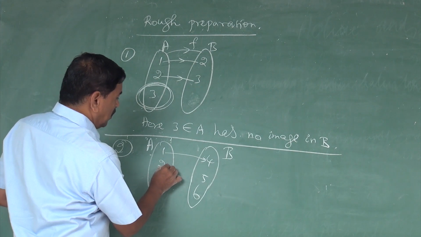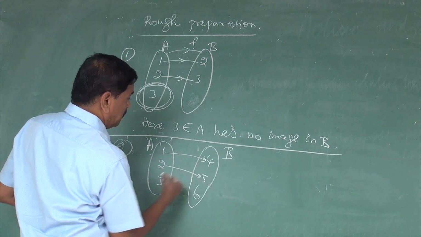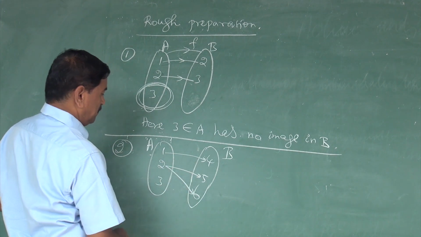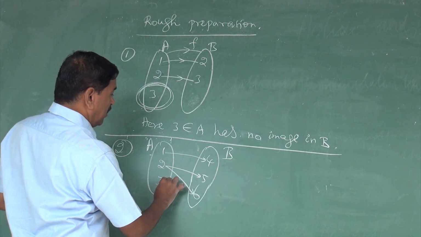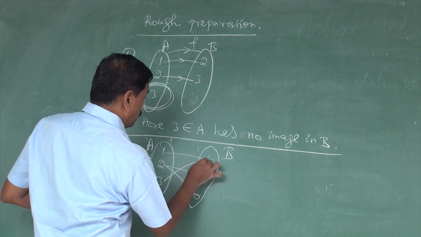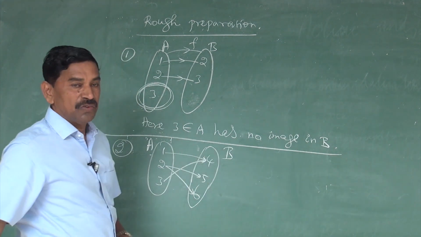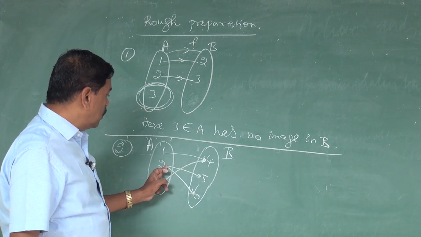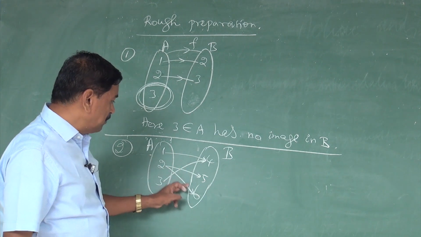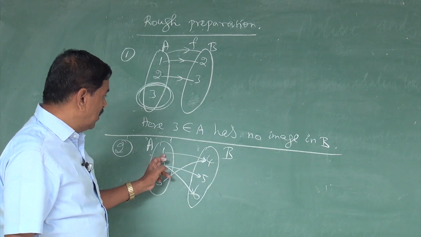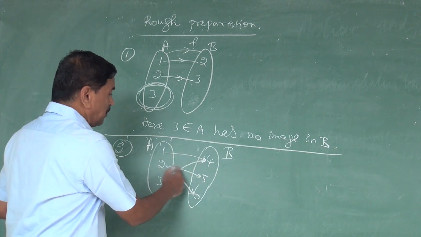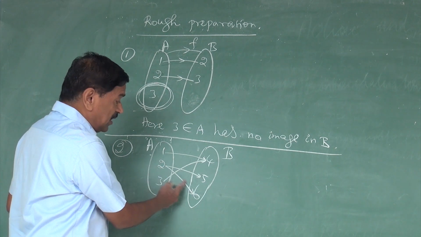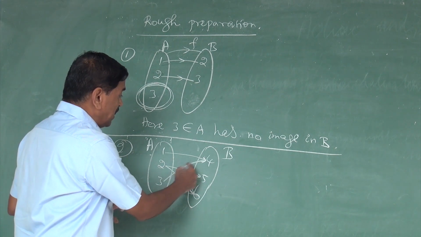Okay. 2's image is 5 and 2's image is 6, and 3's image is 4. So this is one example. Now listen again. 1's image is 4, 2's image is 5, 2's image again is 6 and 3's image is 4.